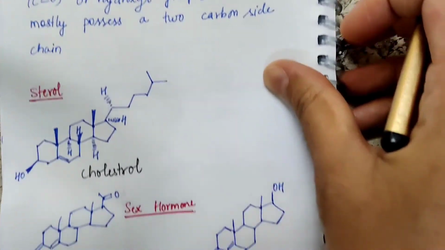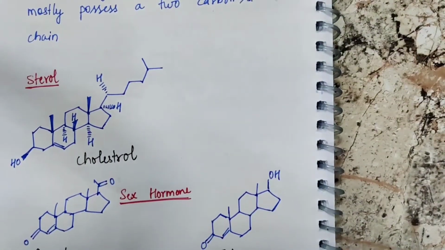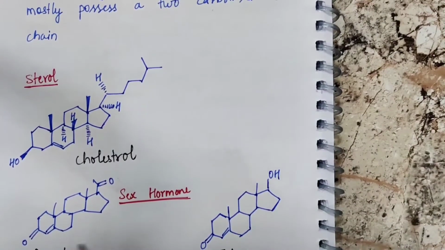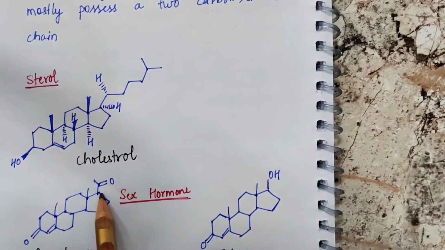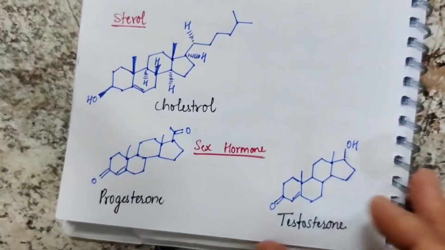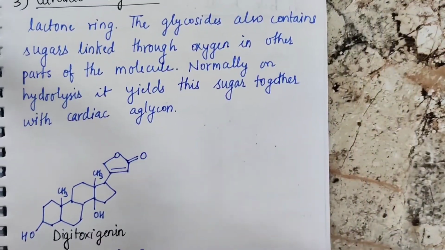So progesterone has a ketone group and a 2-carbon side chain. Similarly, testosterone has a 2-carbon side chain and a hydroxy group. So these are the 2 classifications.